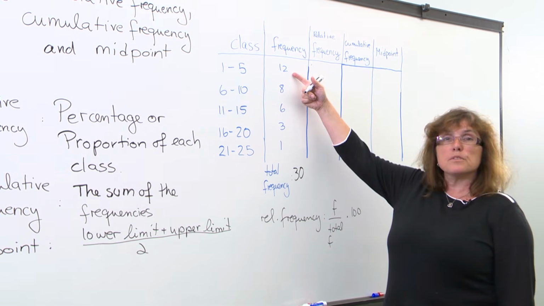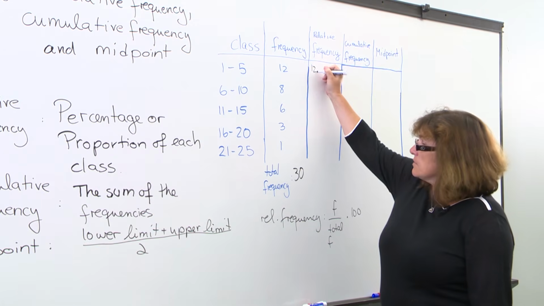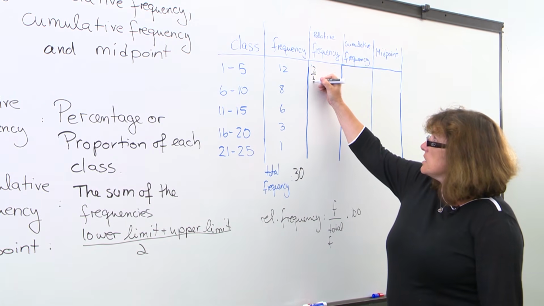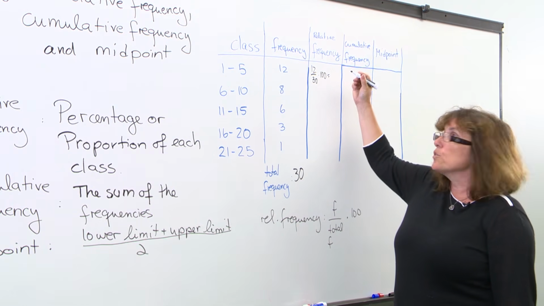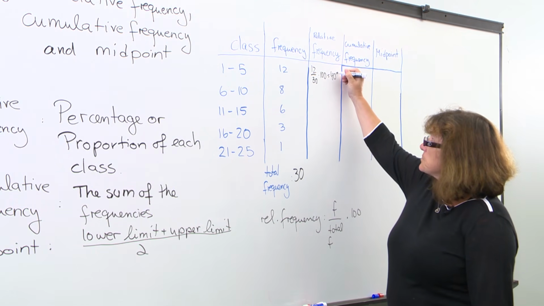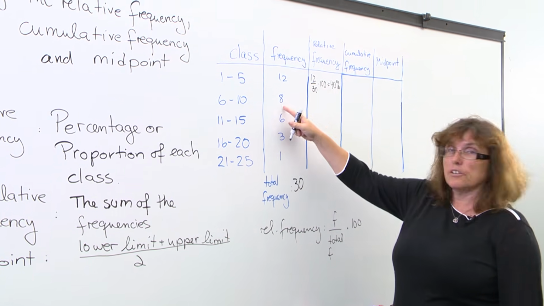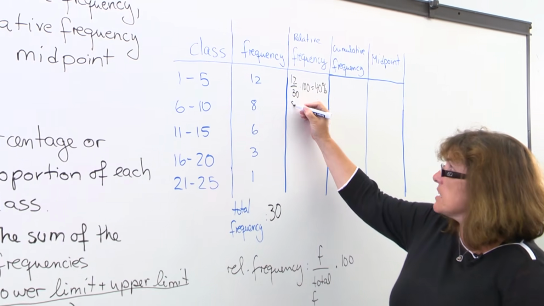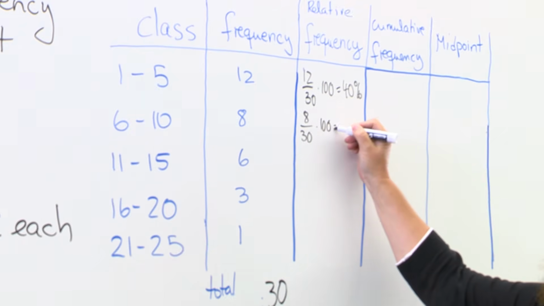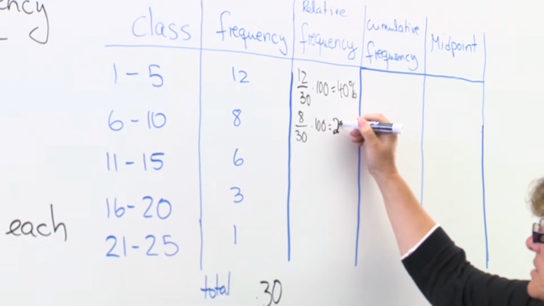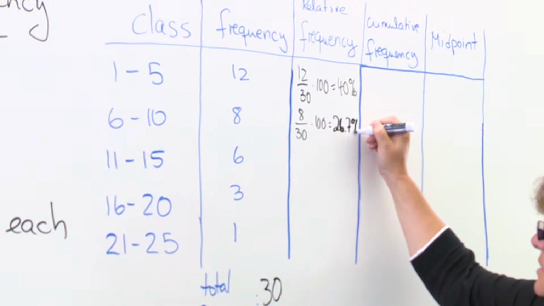So let's start with 12. 12 divided by 30 times 100 is 40%. Then we're going to the next class, which is 8 divided by 30 times 100. And here we get 26.7%.